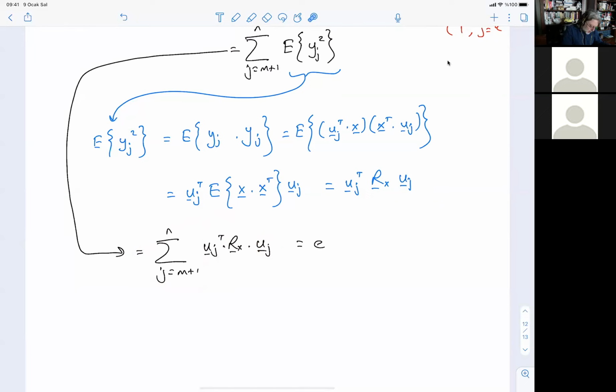Since there is uj transpose and there is a symmetric autocorrelation matrix, the Toeplitz matrix, in between, and uj transpose uj is like uj squared, you cannot have anything negative from here. These terms are always positive. They can't be negative. And the only way to minimize this summation is then to make the uj's equal to 0.